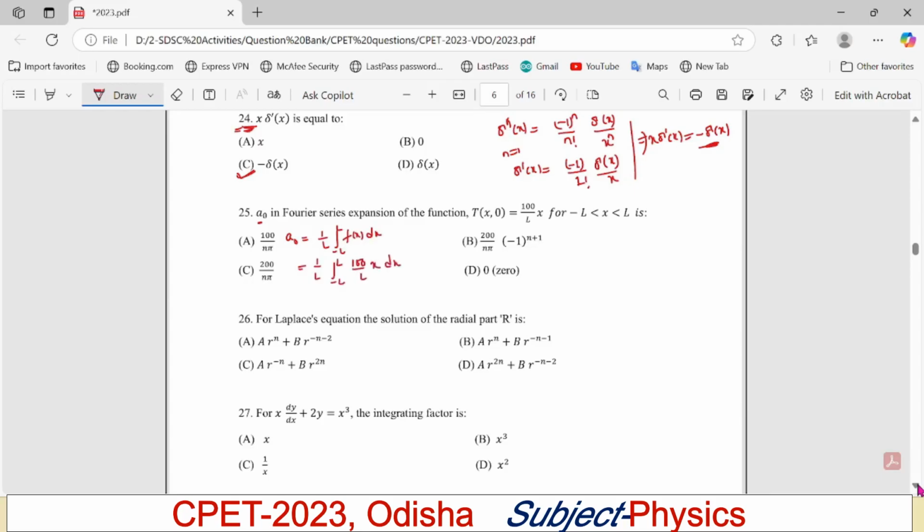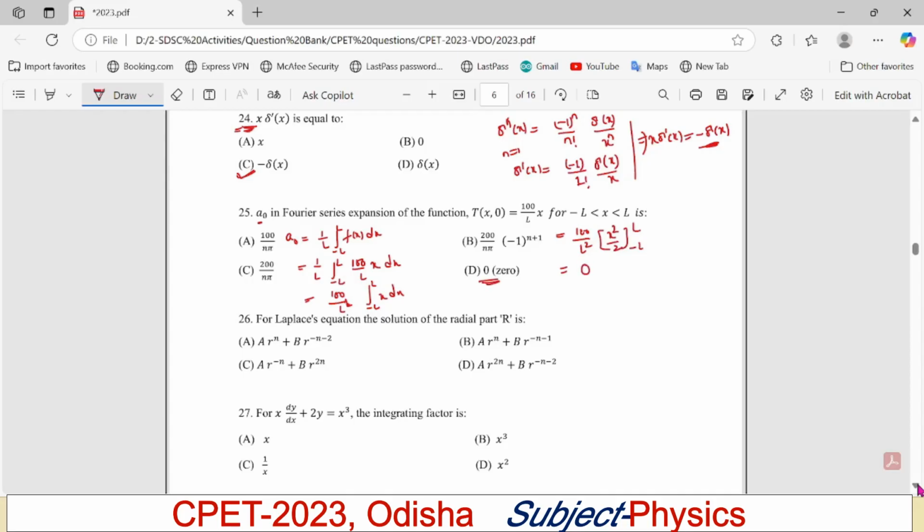So it will be 100 by L square, integration of x is x square by 2, from minus L to L. Put the limits here and calculate. Put the limit L here, L square minus L also L square, so it will be 0. The answer will be 0. Right. Next question.